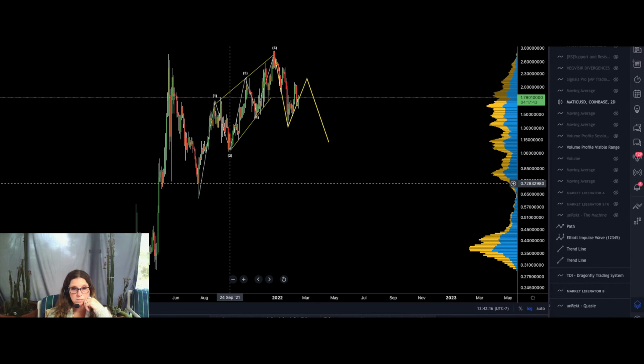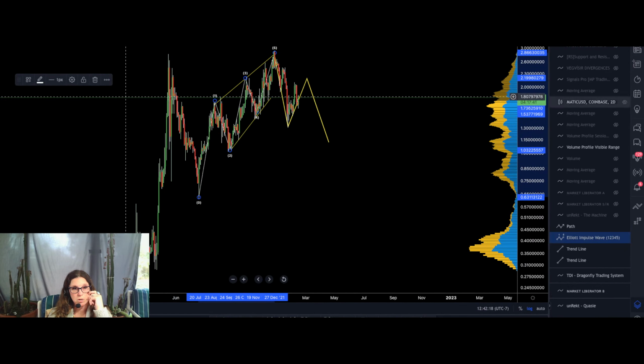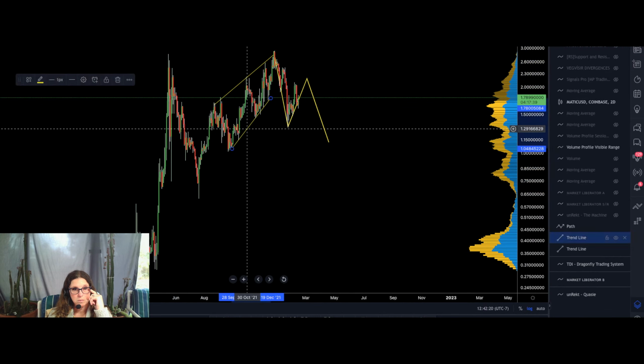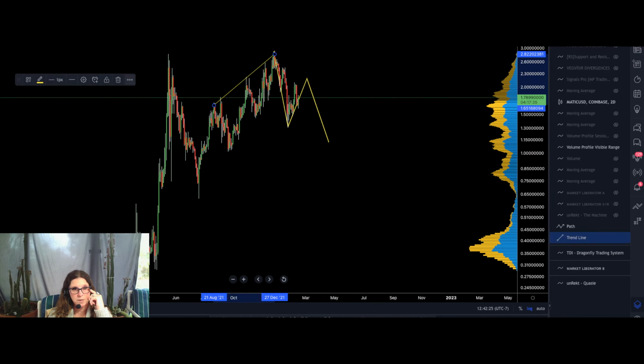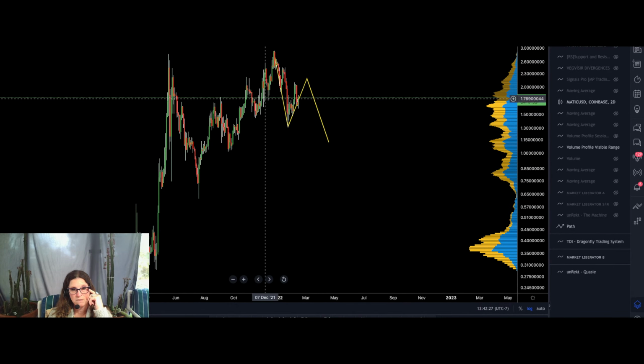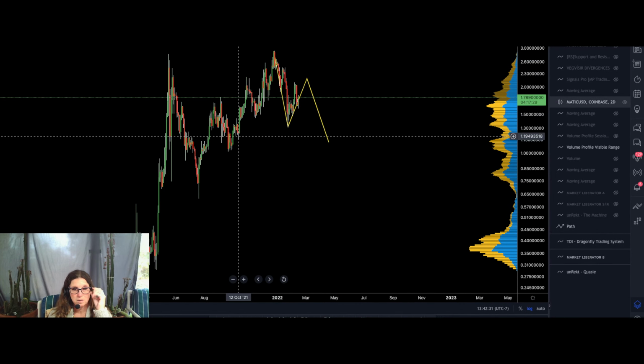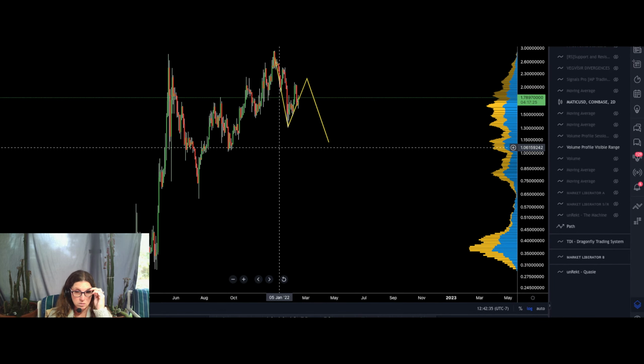If not, and it just has the look of one, which could be the case because this is where ETH and Bitcoin made their inner B wave, but that's really contracting, a real contender for a leading diagonal.